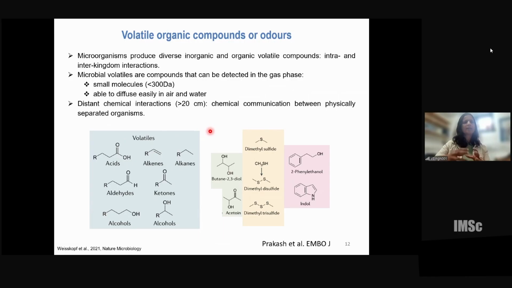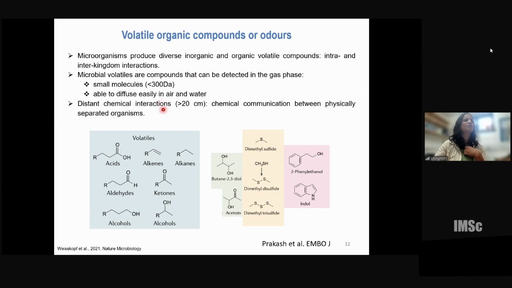So they are in water or fluid phase, which is aqueous in nature, but they are very short and they have chemical groups such as carboxylic acids, alkenes, alkanes, aldehydes, ketones, alcohols, so that they can really very quickly partition from an aqueous phase to a vapor phase. So as soon as you make it, you can smell them, right?